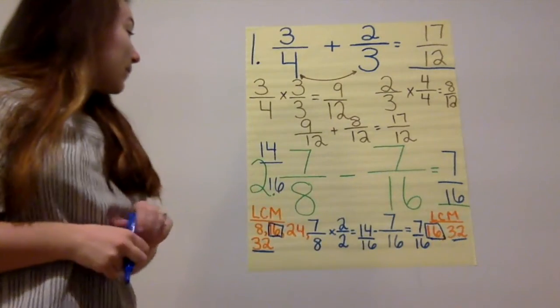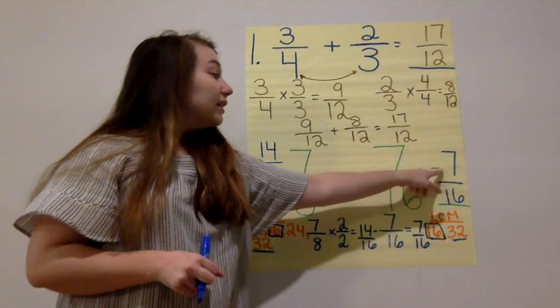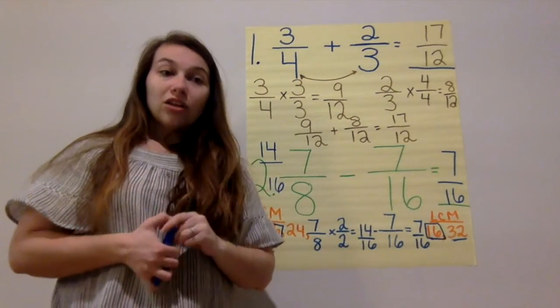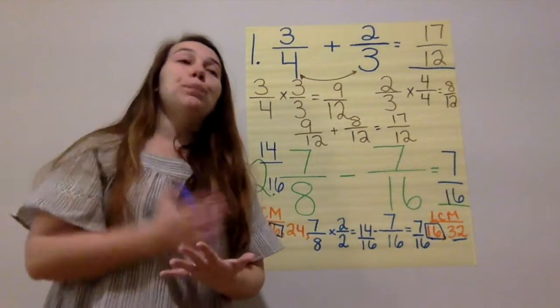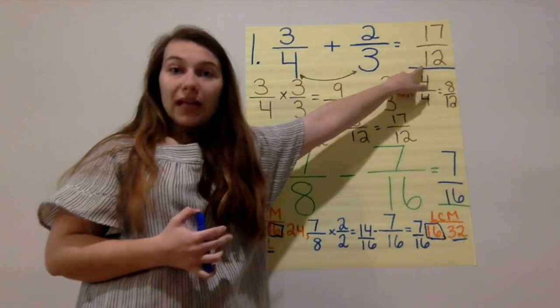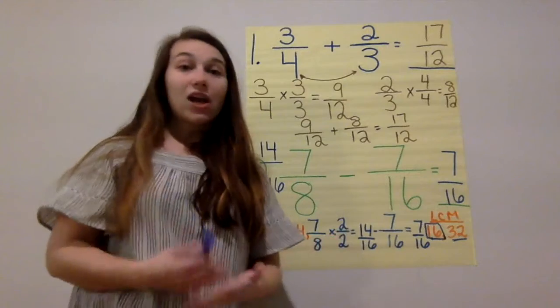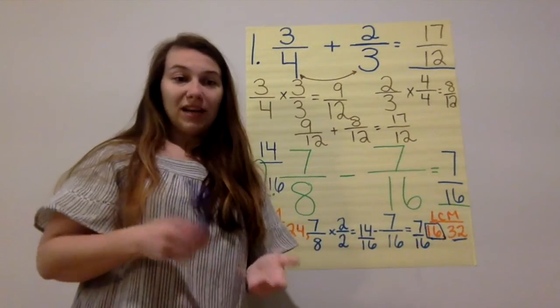So that means 7/8 minus 7/16 gives us 7/16. So when we are adding and subtracting fractions, it is super important that they have a common denominator, or that their bottom number is the same. We cannot add or subtract without a common denominator.